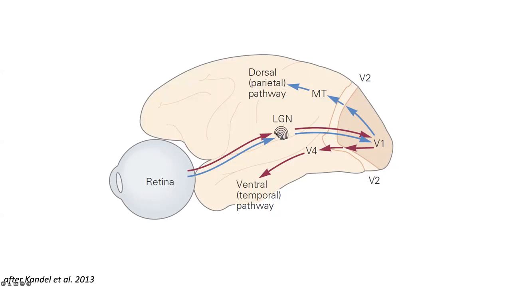LGN then sends signals to the primary visual cortex, which is in the posterior or occipital lobe of your brain, which then sends its signals in two ways: towards the temporal lobe, which is also called the ventral visual pathway, and also towards the parietal lobe of the brain, which is also called the dorsal pathway.